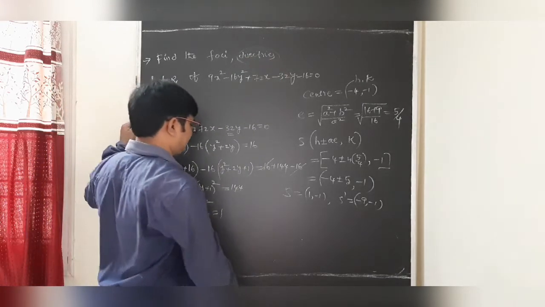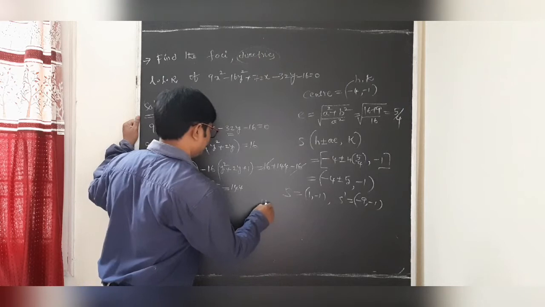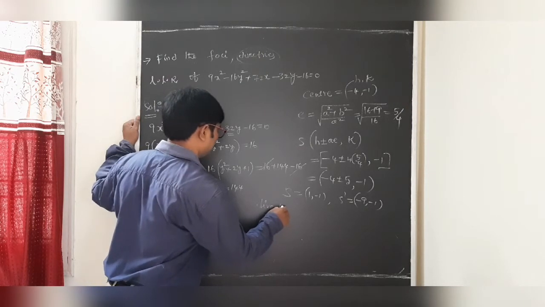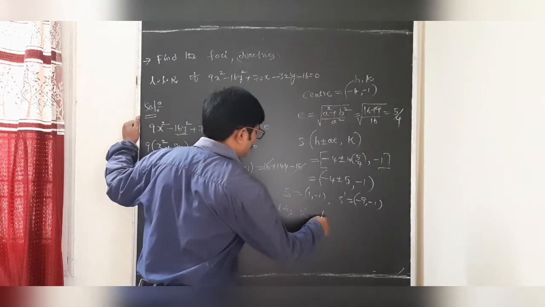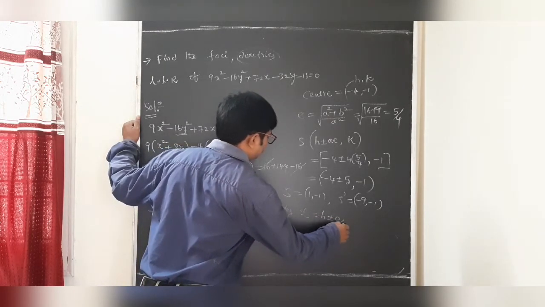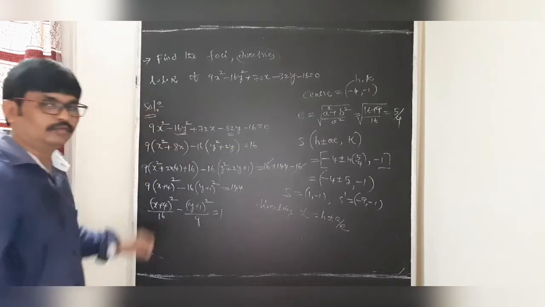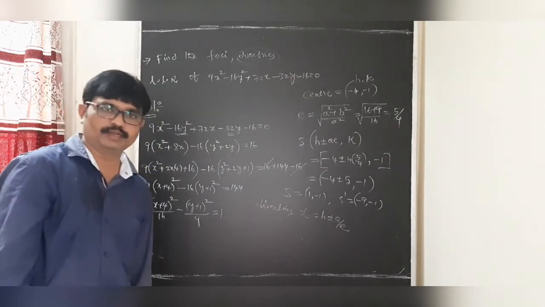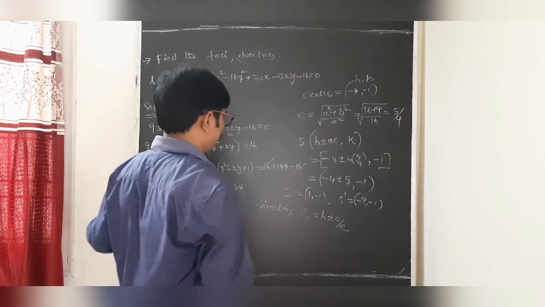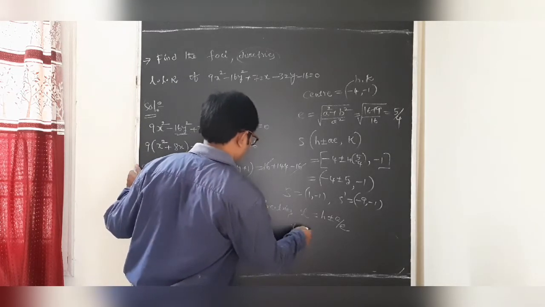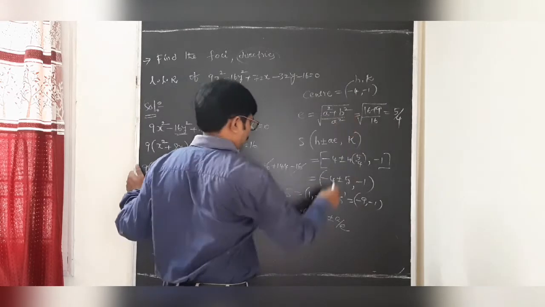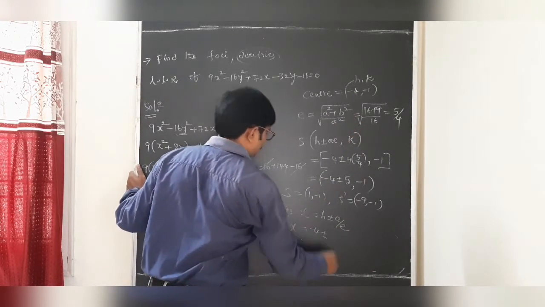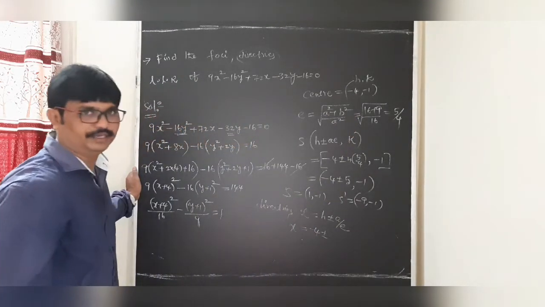We know that the equations of the directrices are of the form x equal to h plus or minus a by e. The value of h is minus 4, plus or minus a by e.